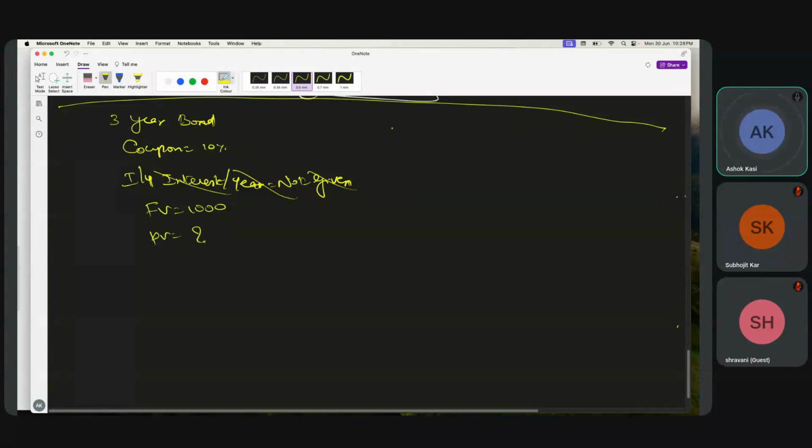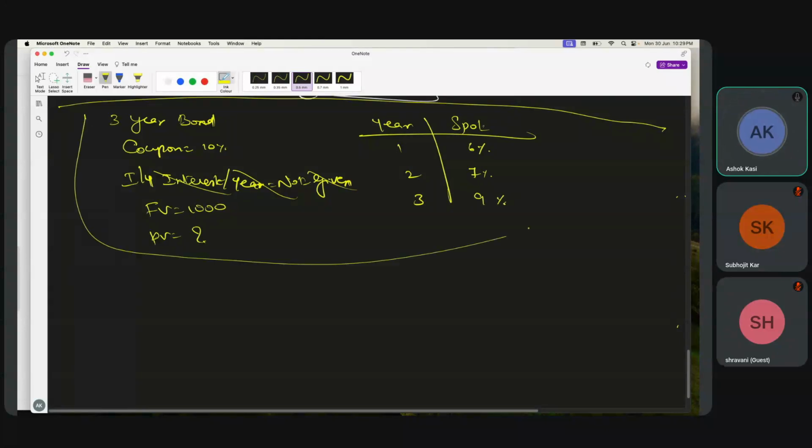Remember, I have spoken about spot rate and implied forward rate. So this is the information: 1 year spot rate is 6 percentage, 2 year spot rate is 7 percentage, 3-year spot rate is 9 percentage.